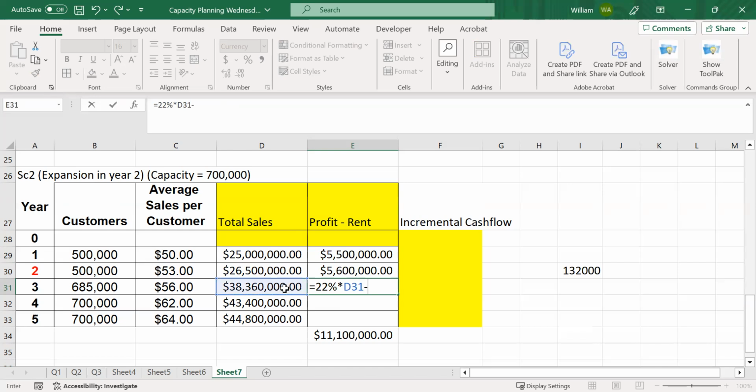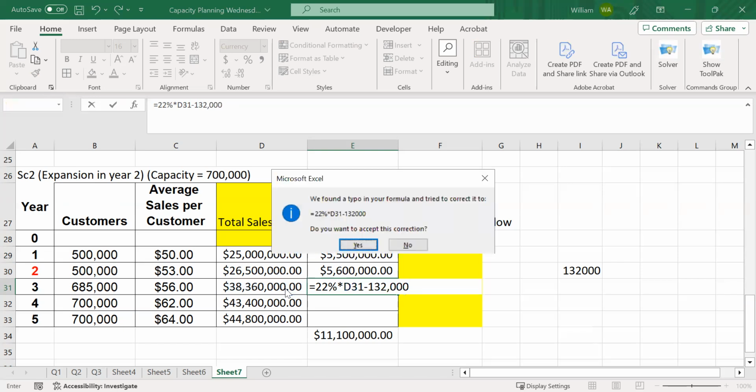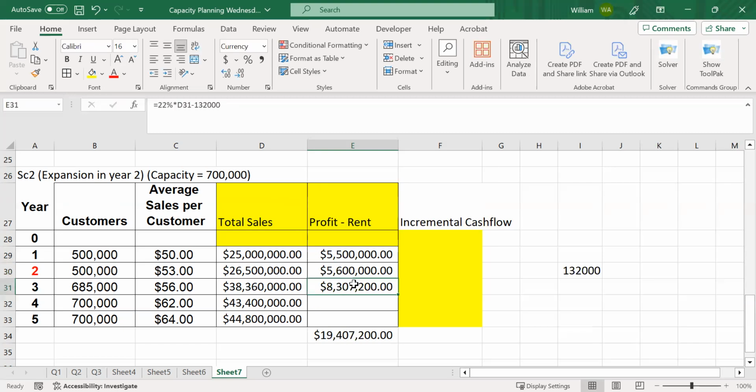My rent for year three is $132,000. All right. So with that, our profit goes up, and I can drag this all the way down to year five. Now I have my profits for all 5 years.